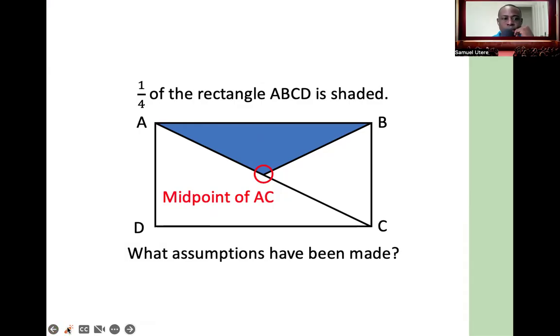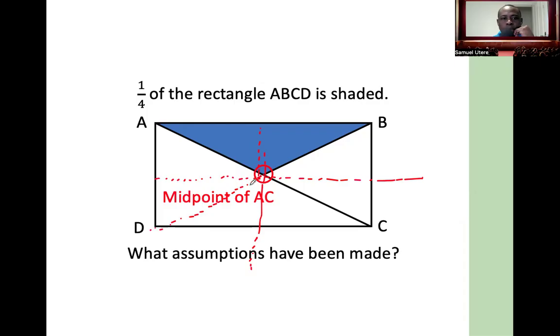I want a pen. So if we say, well, this is the midpoint, and we put lines through like this, and we put a line like this, and we continue a line like this.